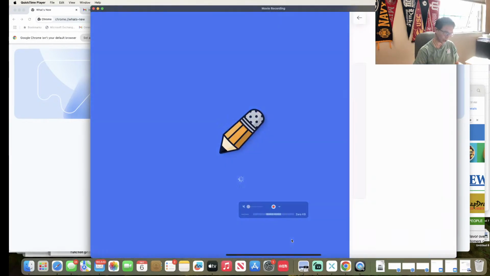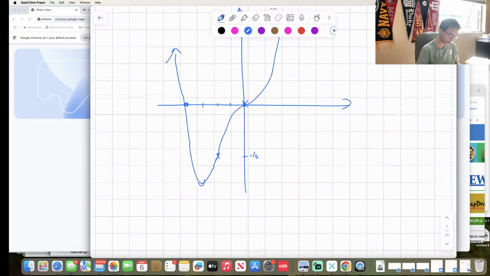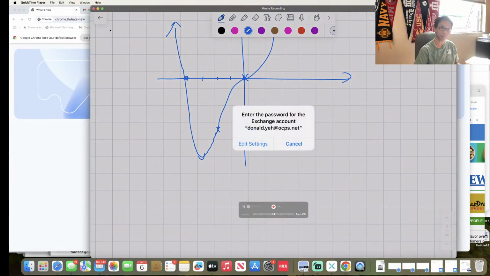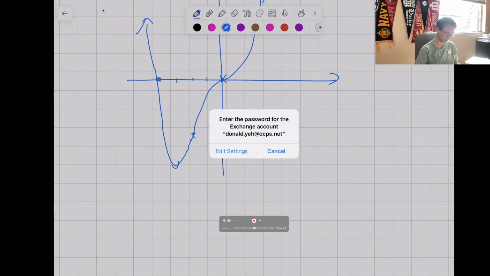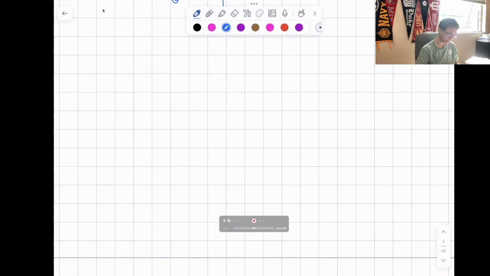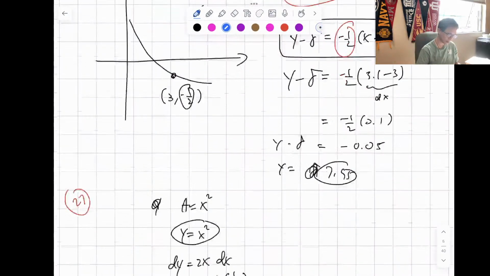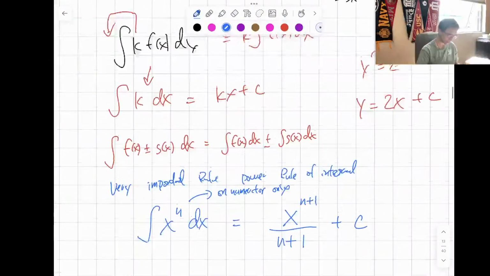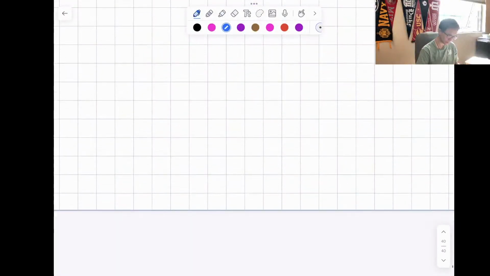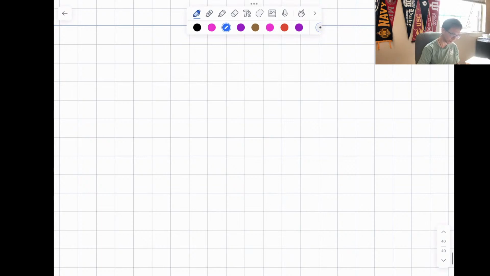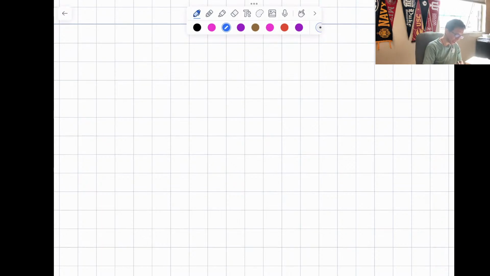All right, so off-axis rotation. With the off-axis rotation, I'm going to use the same equation, but you are going to get a different equation.